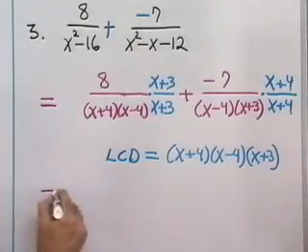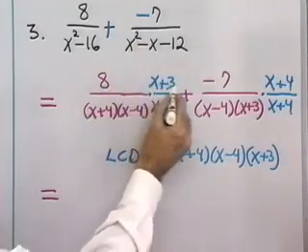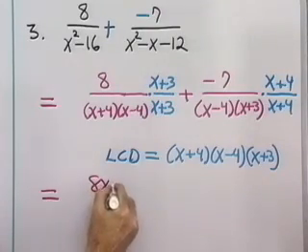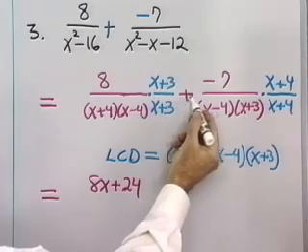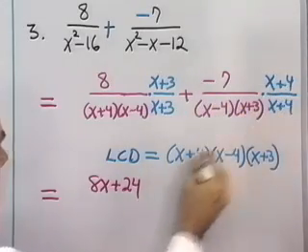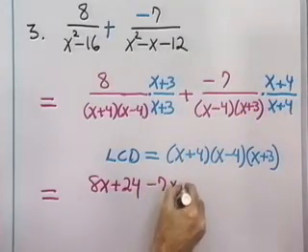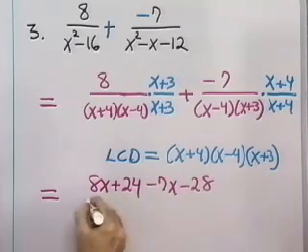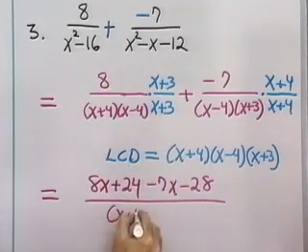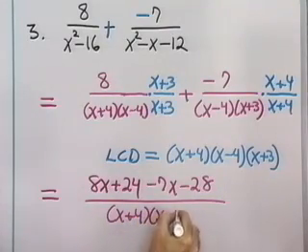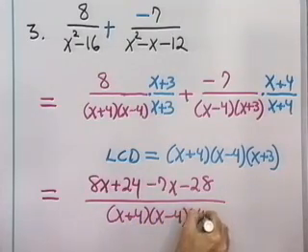So to finish this problem then, let's multiply 8 times x plus 3 and get 8x plus 24. To that I want to add negative 7 times x plus 4, which is negative 7x minus 28. And that's all over the least common denominator, x plus 4, x minus 4, times x plus 3.